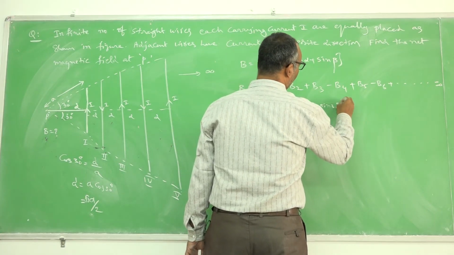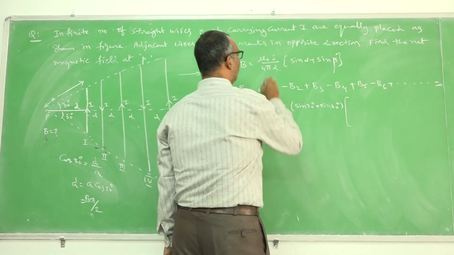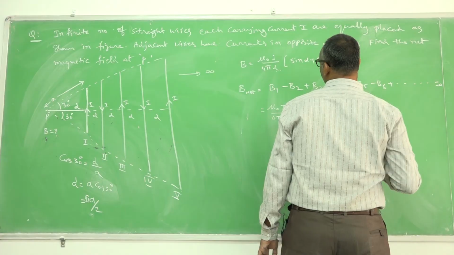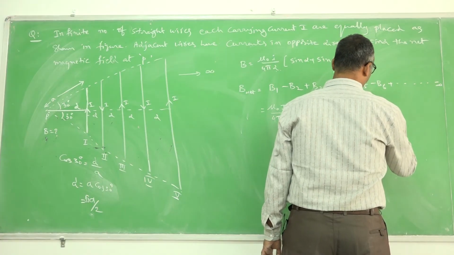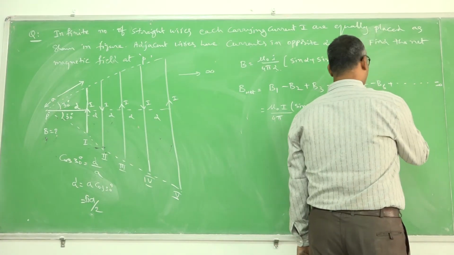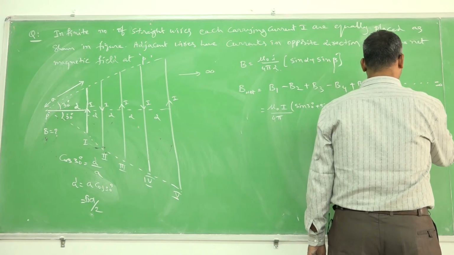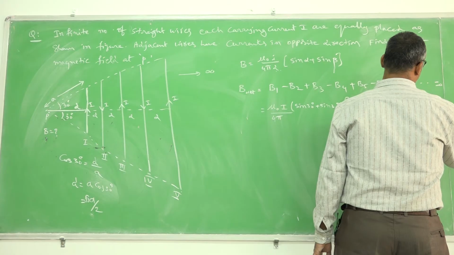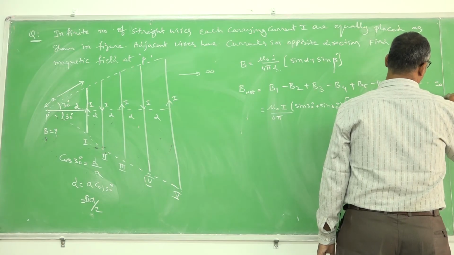This is the common term. The first wire gives 1 by d, the second wire 1 by 2d, the third wire 1 by 3d, the fourth wire 1 by 4d, plus etc., up to infinity.